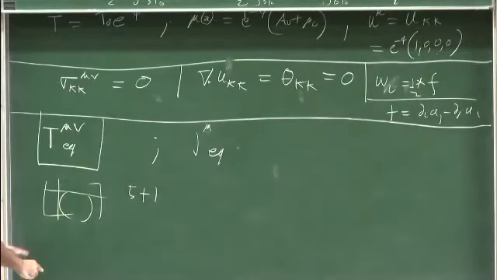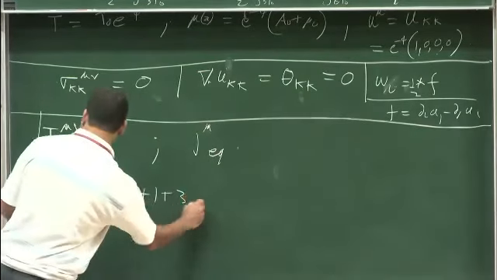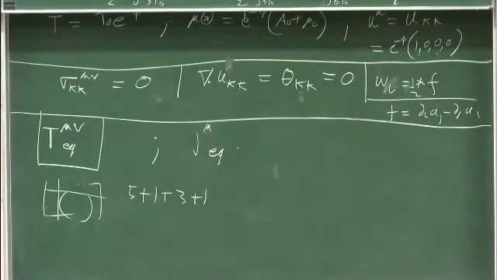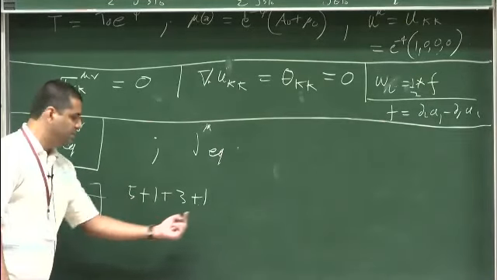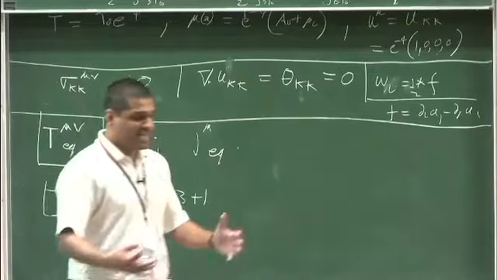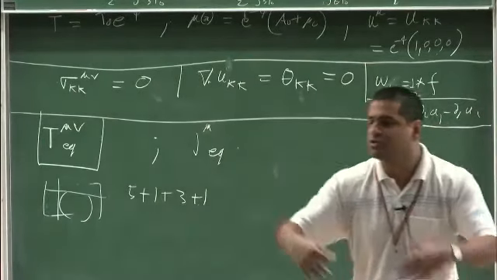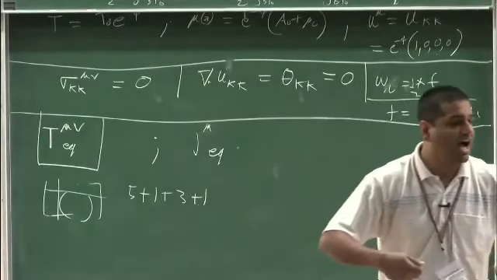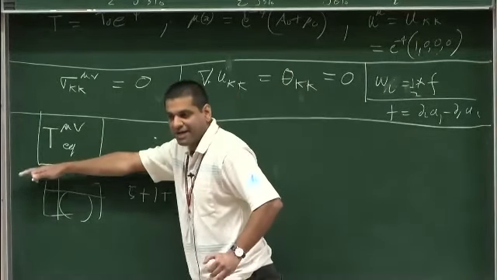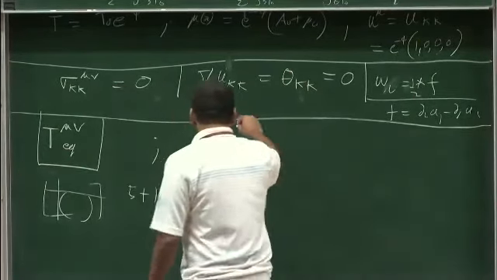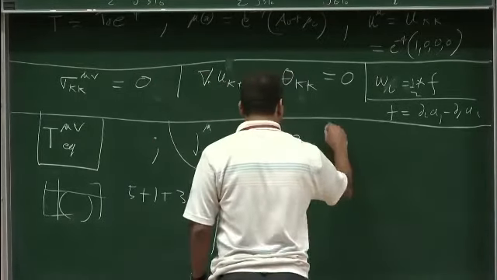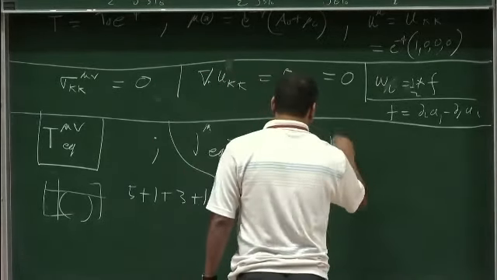It also has a vector, plus 3, and an additional 1. So the data in T mu nu is 1 tensor, 1 vector, and 2 scalars. Similarly, when you compute J mu by varying the partition function, you get a vector and a scalar.